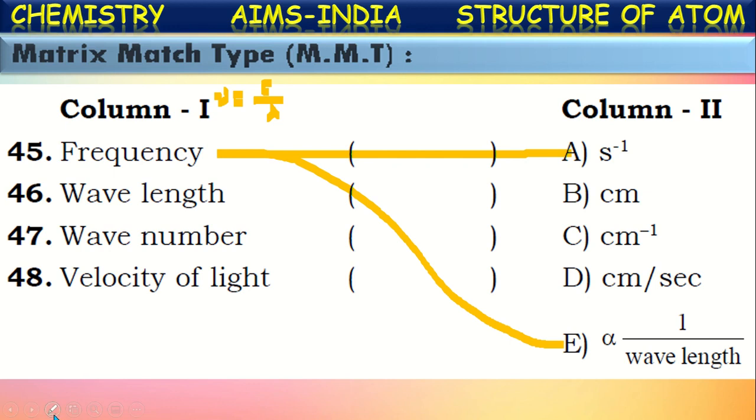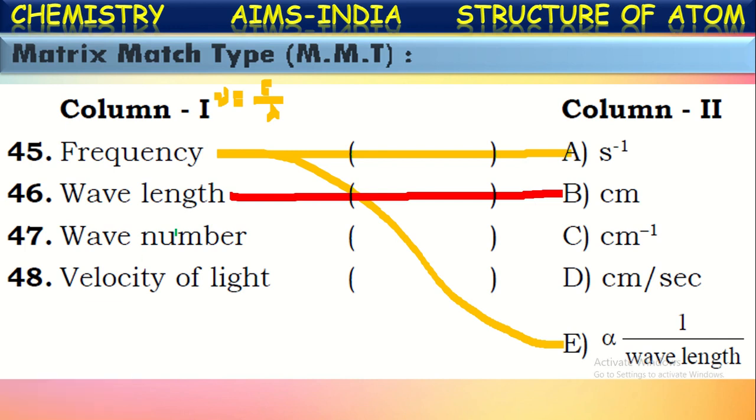Next, wavelength. Wavelength is defined as the distance between two adjacent troughs or two adjacent crests of a wave. As it is a distance, what will be the units? Meters, centimeters, micrometers, angstroms. These all will come as the units for wavelength. Out of these, here they have mentioned centimeters. Okay, that's a matching for wavelength.